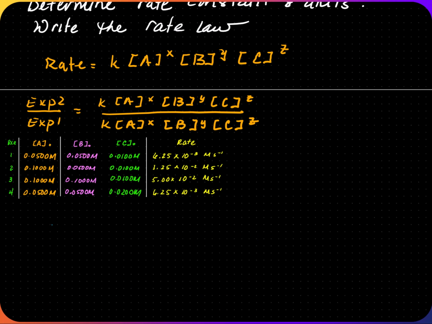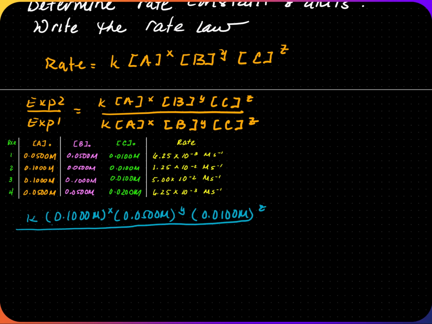For experiment 2, it's going to be K times 0.1000 molar to the X. For B, it's going to be 0.0500 molar to the Y. For C, it's going to be 0.0100 molar to the Z. That's the experiment 2 data.